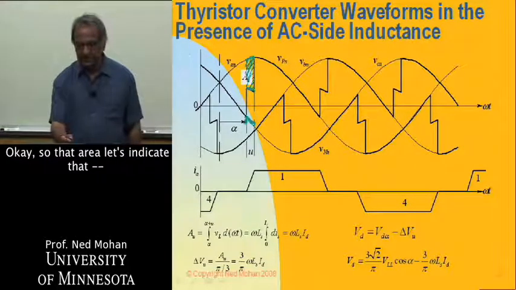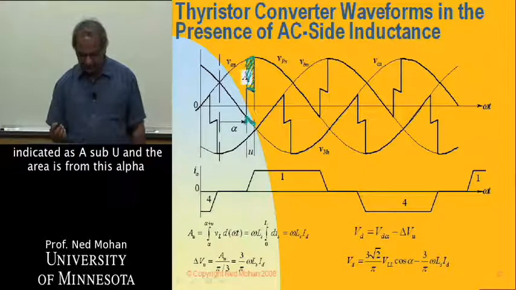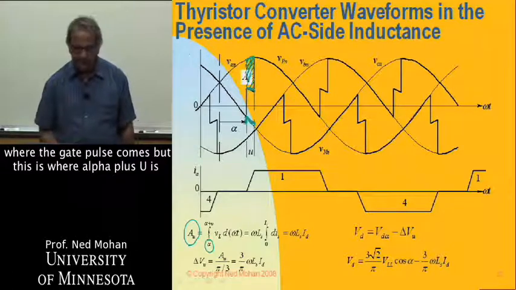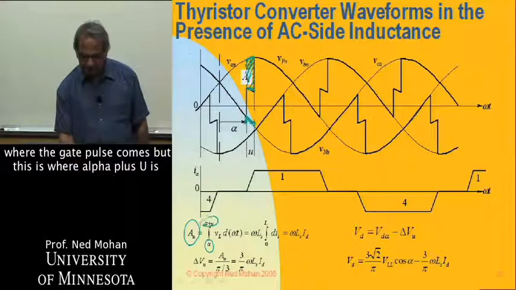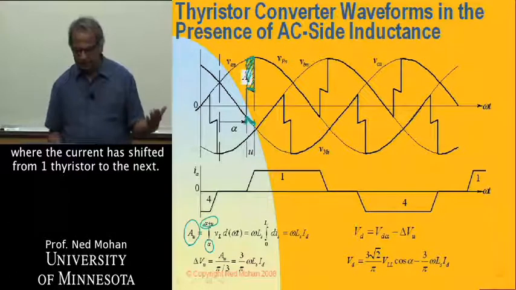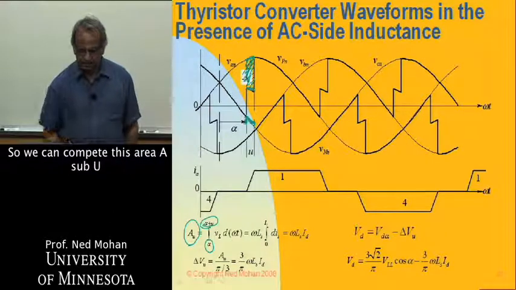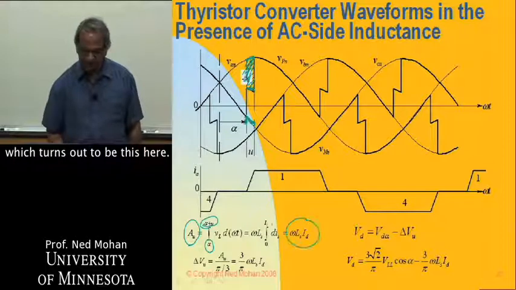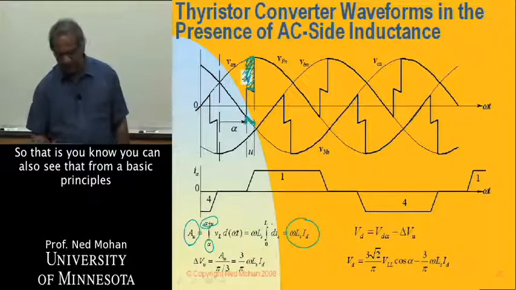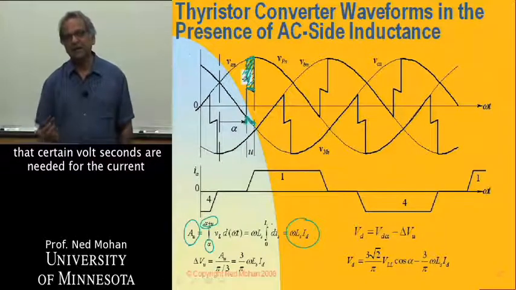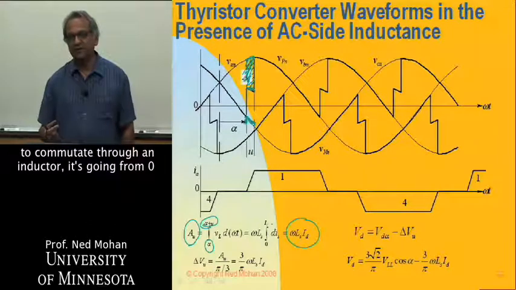Let's indicate that area as A sub U, and that area is from this alpha where the gate pulse comes to alpha plus U, where the current has shifted from one thyristor to the next. So we can compute this area A sub U, which turns out to be this here. You can also see from basic principles that certain volt-seconds are needed for the current to commutate through an inductor.